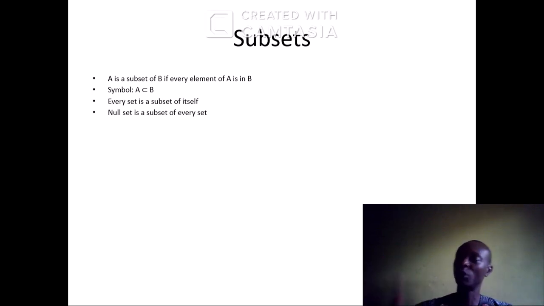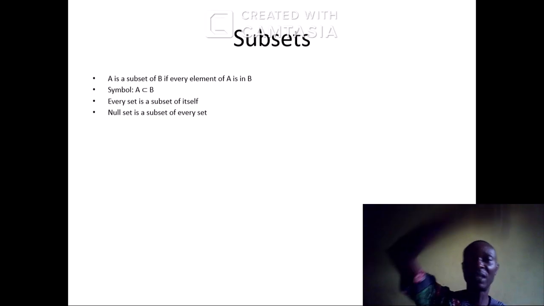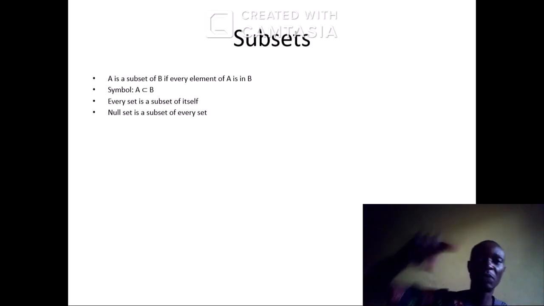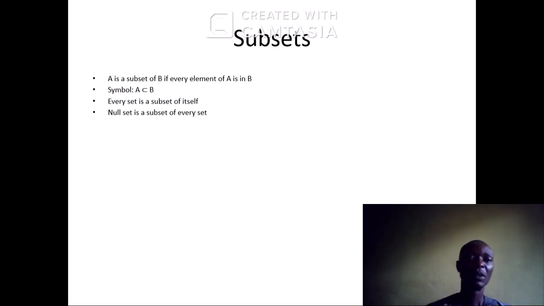So that means you are a subset. The universal set is all the students of National Open University, while the subset is part of that larger population. The symbol is A contained in B. B means the set of students in National Open University, while A means students of the MTH 106 class. That is, the MTH 106 class is a subset of the whole population of National Open University.